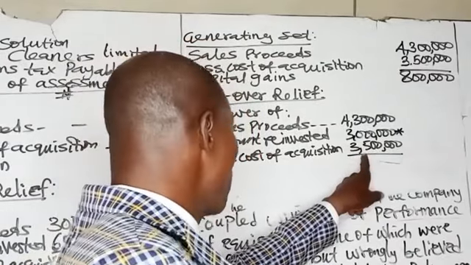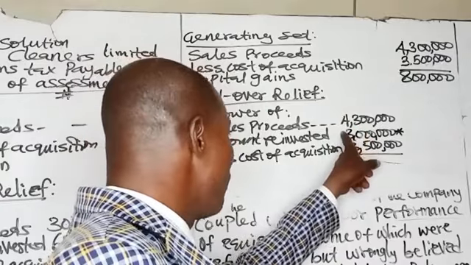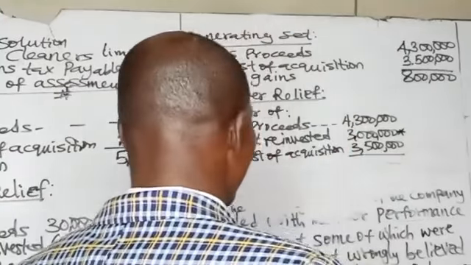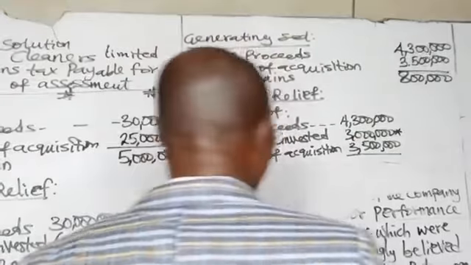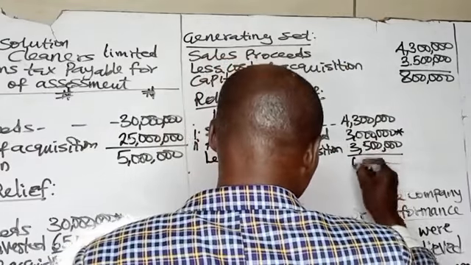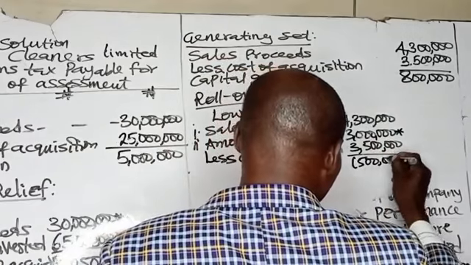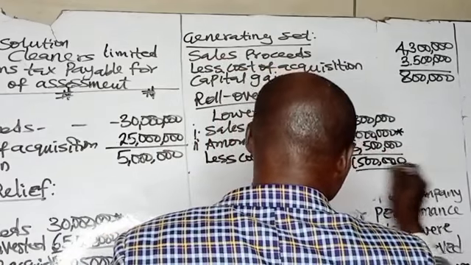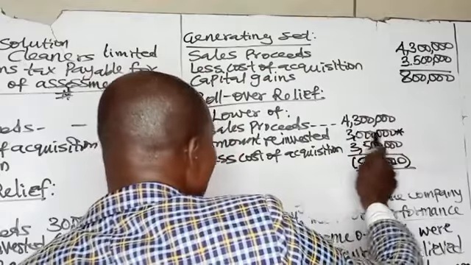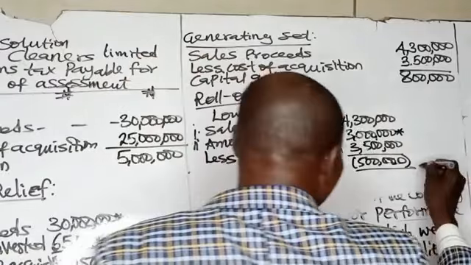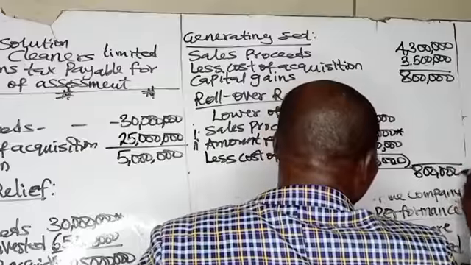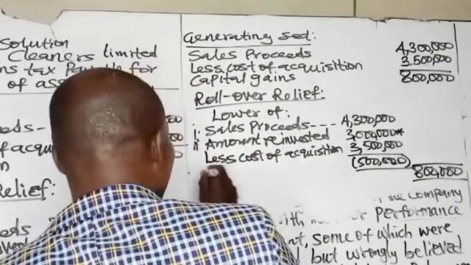Since the cost of acquisition is greater than the amount reinvested, no rollover relief will be claimable, because 3 million minus 3.5 million will be minus 500,000. So you cannot claim rollover relief. Therefore, chargeable gain will be the 800,000 naira.